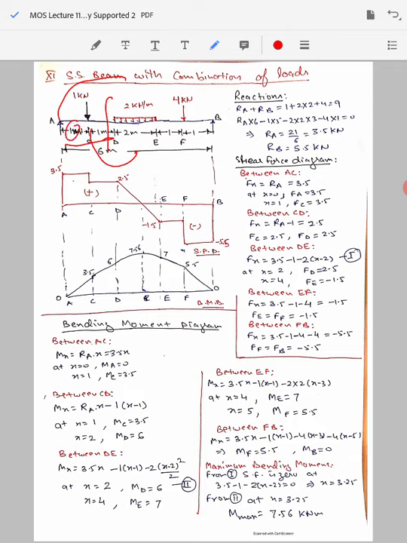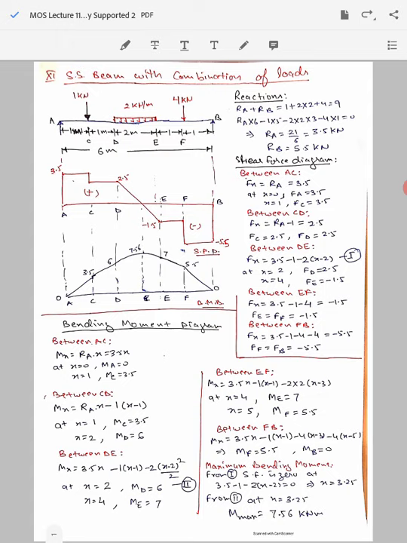This 1 meter will be subtracted from the x to obtain the distance between the 1 kilonewton force and the cut section. So therefore you will get in this equation RA into x minus 1 into x minus 1. Evaluate it at the extreme sections of the span of the beam, that is x equal to 1 and x equal to 2. You get MC and MD as 3.5 and 6.